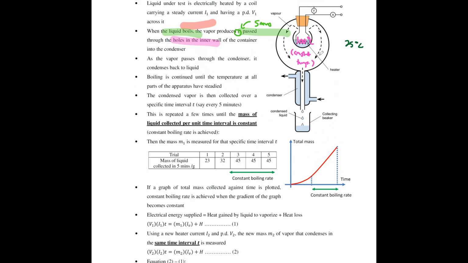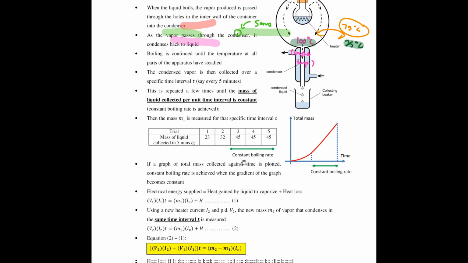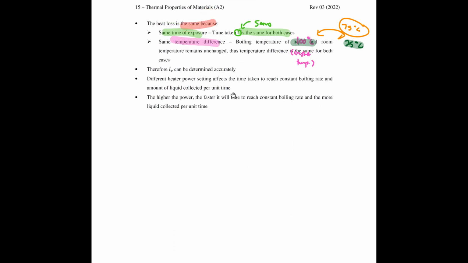So under both settings, you're still heating water to 100 degrees centigrade and you're still conducting it inside the same room. So the temperature difference here is just going to be 75 degrees centigrade for your first power setting, and for your second power setting, your temperature difference here is the same. So these two factors actually contribute to your heat loss being the same for both cases.